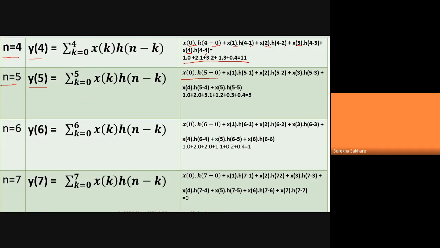All the values we are having here inserted as the same steps, and just see x0. I don't have h of 5, so it will be 0. x1 into h of 4. I don't have h of 4, so it will be 0. X of 2 is existing, which is 3. H of 3 is going to be 1.